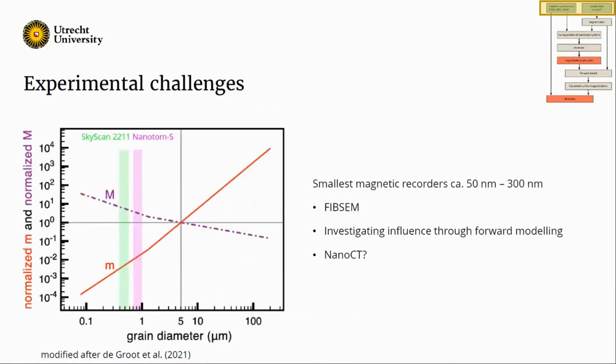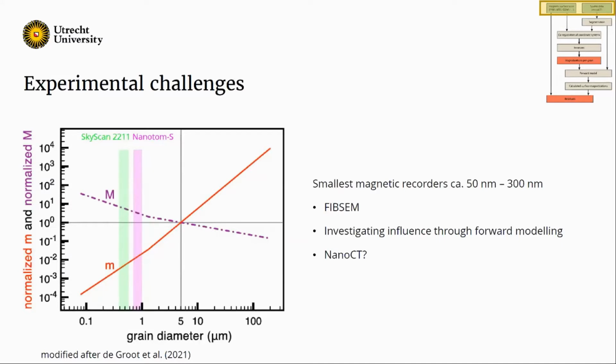Like I mentioned before, we do have some challenges in this method. One of them is the resolution of the measurements. In the graph, the dashed purple line indicates magnetization, and on the x-axis is the grain diameter of the magnetic recorders. The red line indicates magnetic moment, so that's magnetization per volume. And the pink bar indicates the resolution which we can achieve right now with our micro CT.